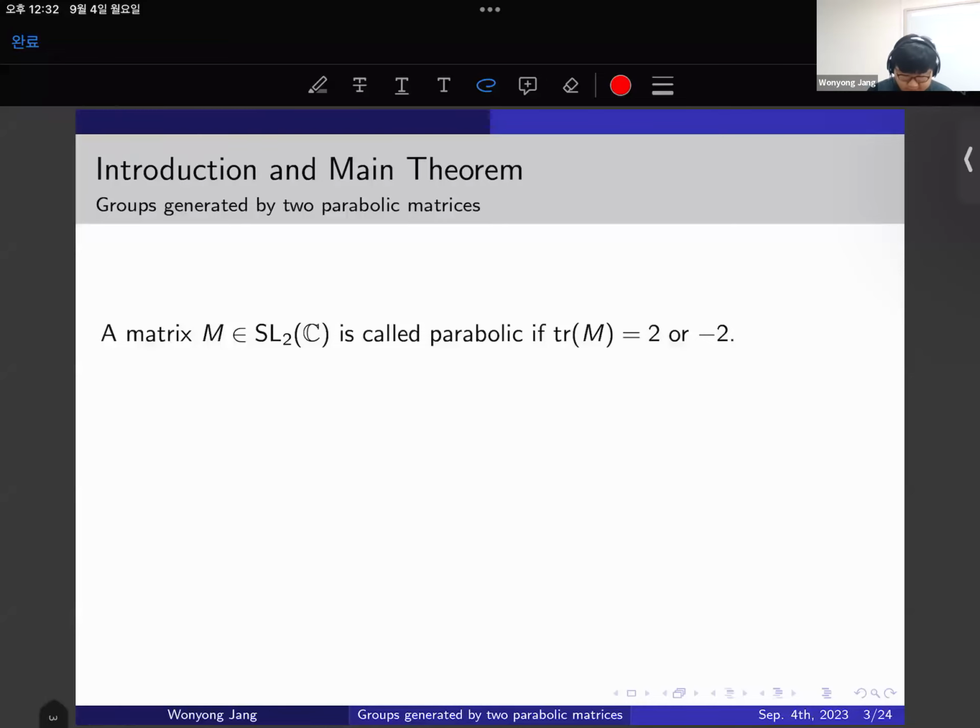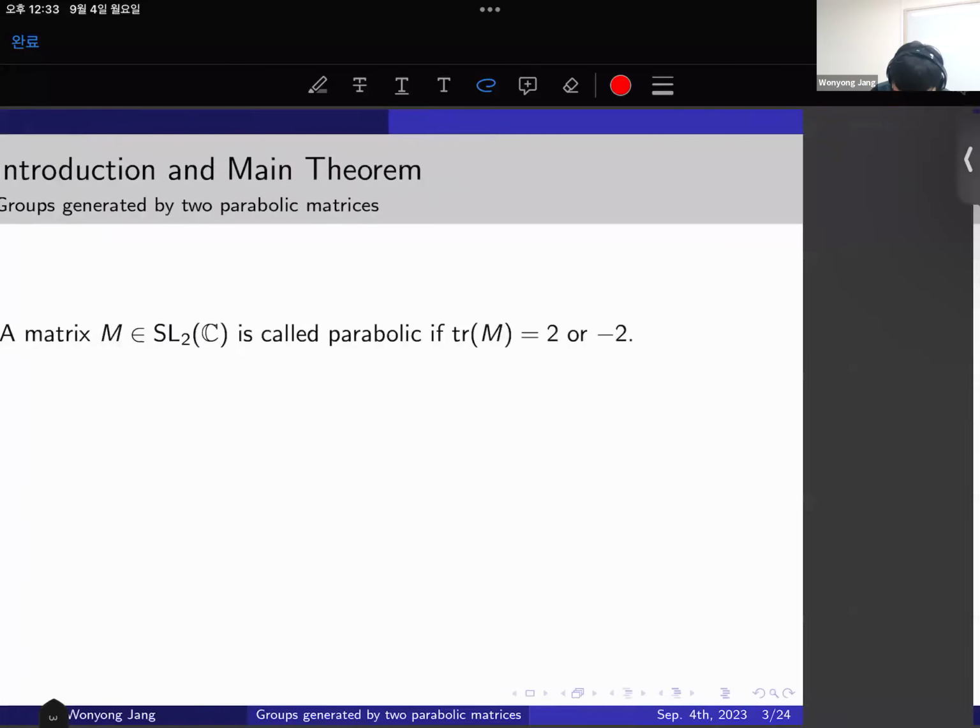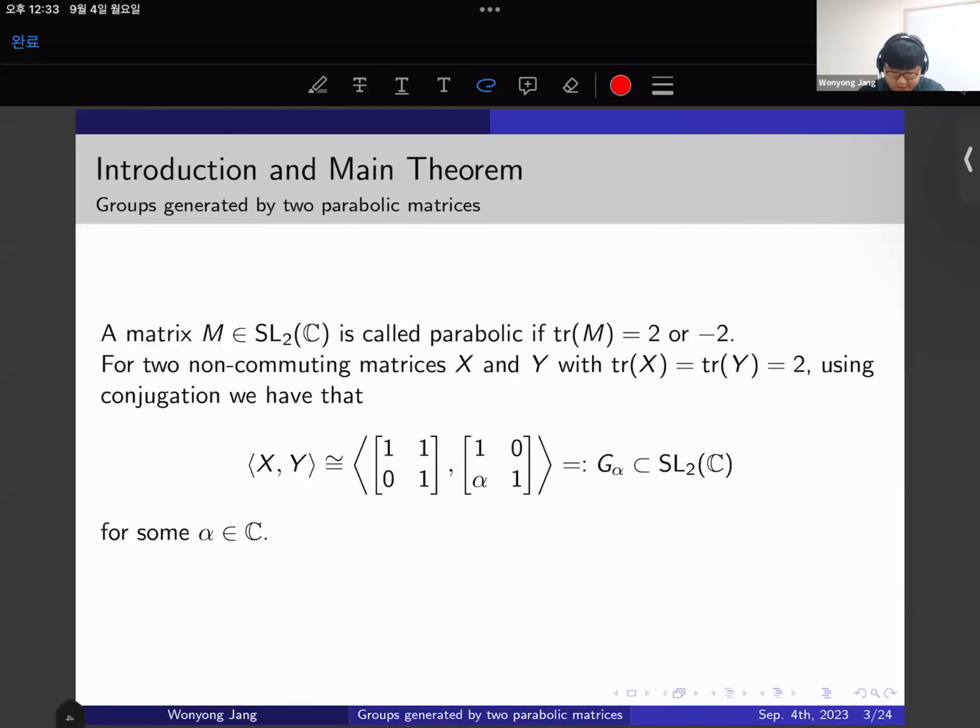We start with the following basic observation. We see that a matrix M in SL2(C) is parabolic if its trace is either 2 or -2. Then suppose we are given two non-commuting matrices X and Y with trace +2.